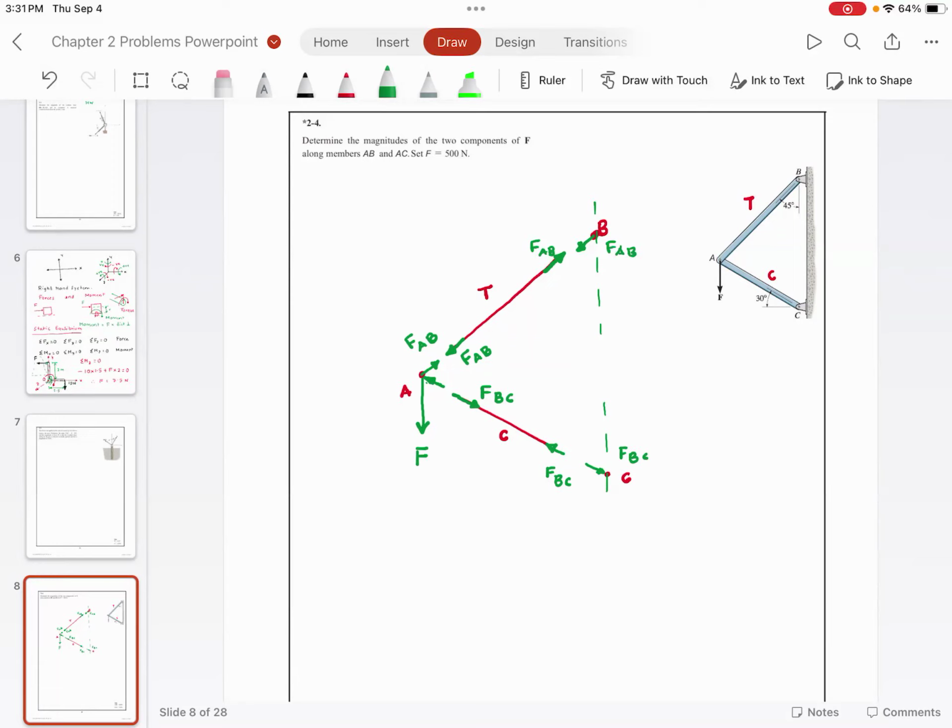If you combine these forces, if you actually bring, instead of breaking the joint, you combine these forces, then please note this force cancels with this force cancels with this force. If you connect this joint to this joint, this force cancels with this force, and that force cancels with the top force.